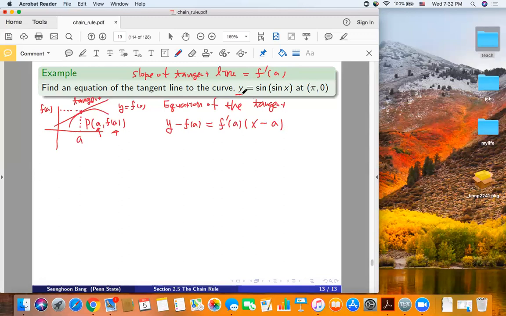So from this problem, what is f of x? f of x is sine of x. Here the given function f of x is sine of x. What is a?